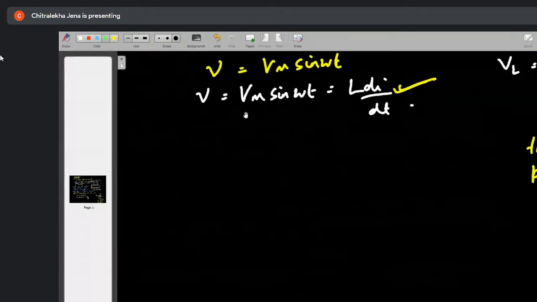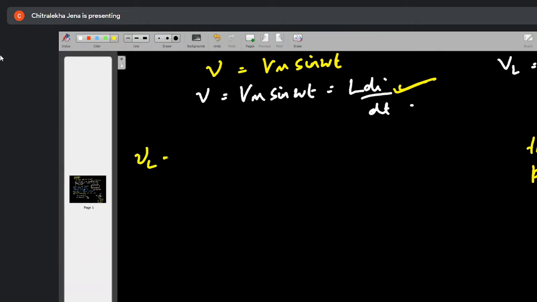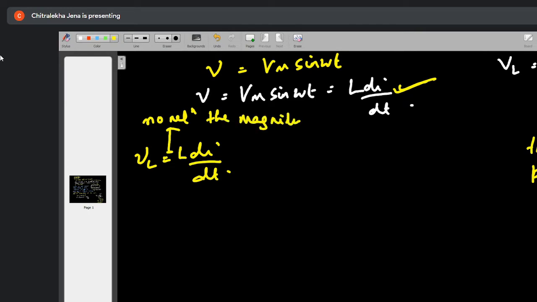So V is equal to Vm sin omega t, that is equal to L di by dt.